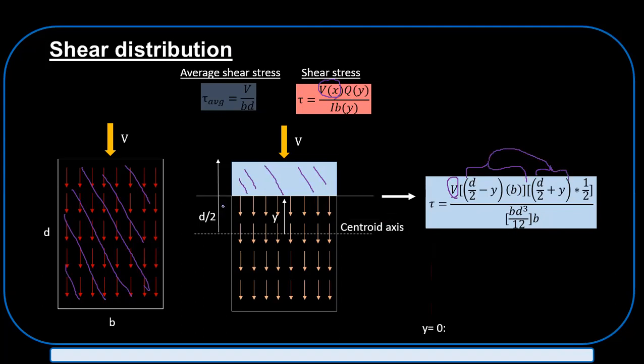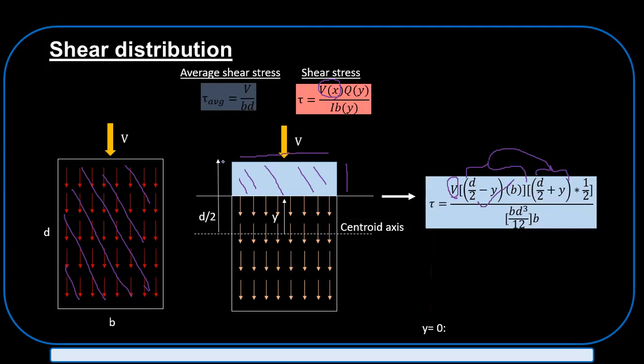So if it is d by 2, let's call this y, then this is d by 2 minus y. The area is d by 2 minus y into b. Okay, the area is correct. So how to get this distance?